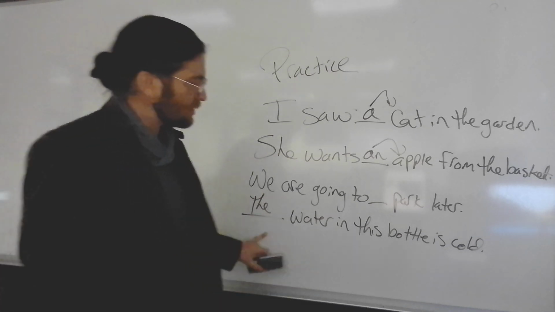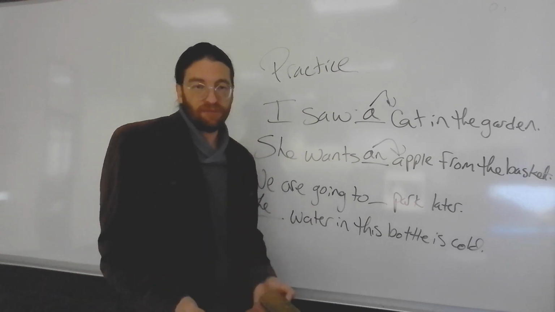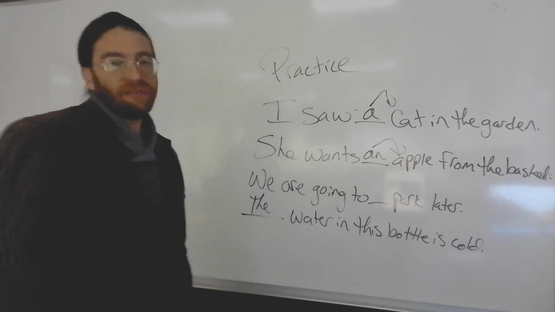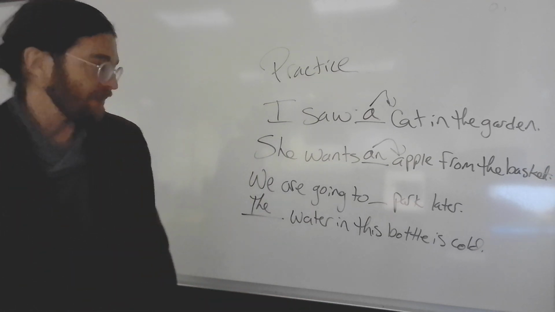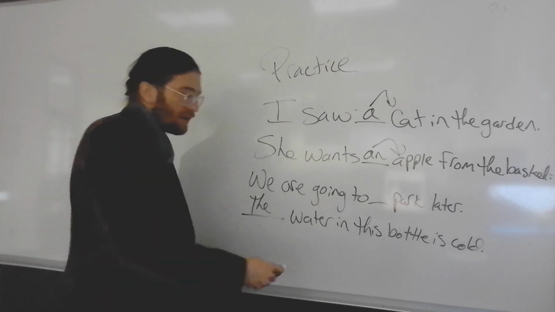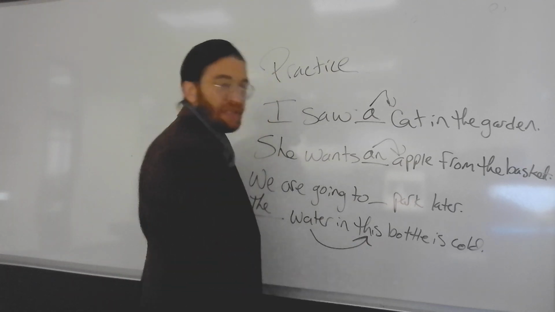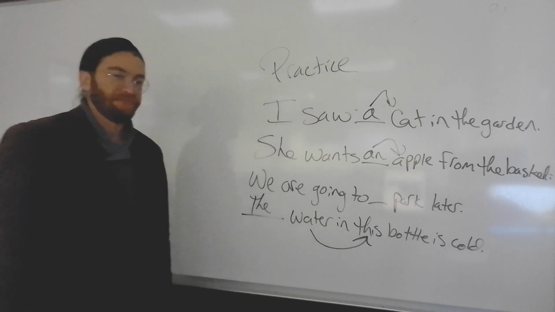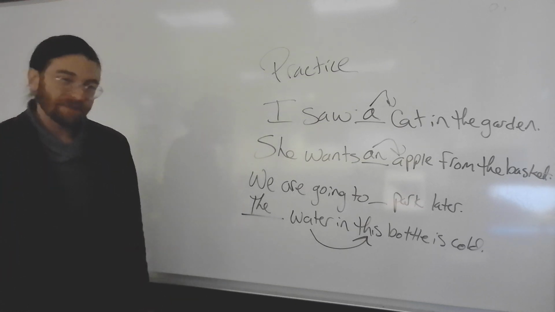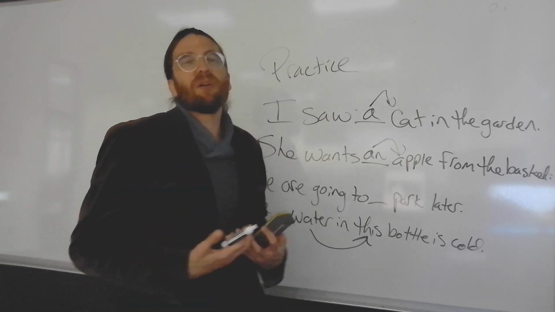It's hard because usually we'd say, I want some water. But we're being specific about the water in this bottle. Articles are tricky. You would say, I want some water.